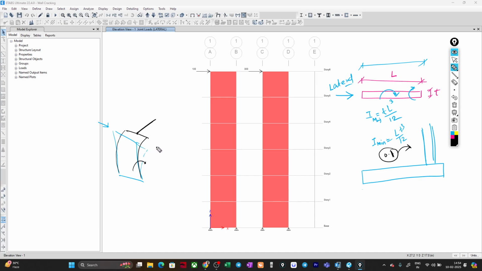So in this case, suppose you have columns there, suppose this is my column, so this will have both this axis and this axis stiffness, right? So the loads will be redistributed to those nearby adjacent columns, and those columns will be responsible for resisting the out of plane bending. So now it depends on what design philosophy you will be following.